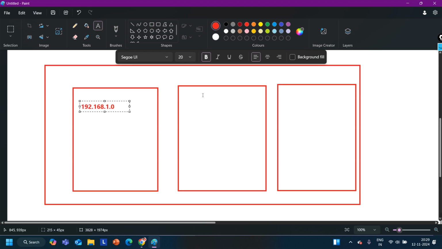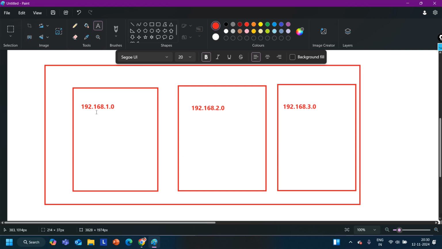Here we can have 192.168.1.0, here 192.168.2.0, and here 192.168.3.0. You can assume that these are three branches at different locations, or three departments, or three buildings, where we need around 200 IP addresses in each department, in each building, at each site.